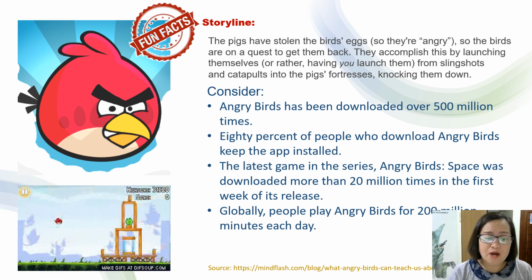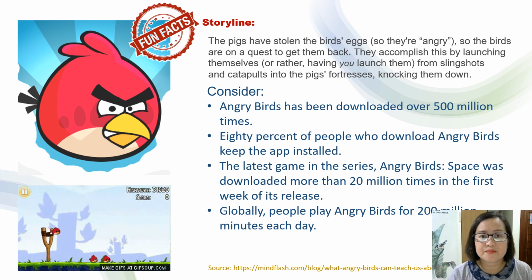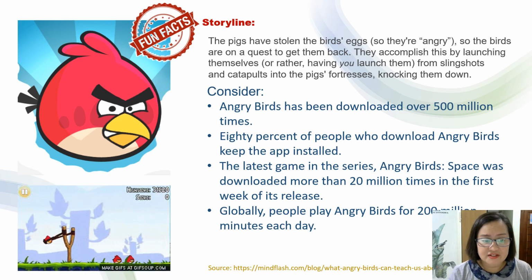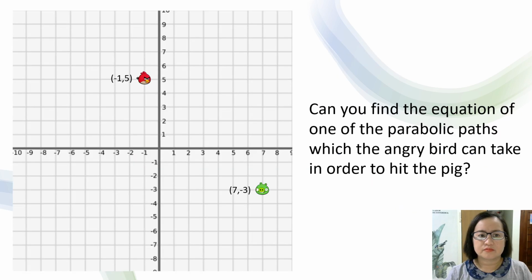Observe how the birds move in order to hit the pig. Yes, the bird's movement or motion is parabolic in nature. Let's say the Angry Birds is at a point with coordinates -1, 5, and the pig is down below with coordinates 7, -3.